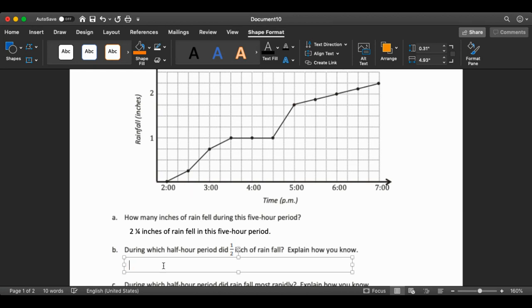So between 2:30 and 3 o'clock, 1/2 inch of rainfall. Then I'm going to explain how I know that. The line went up 1/2 inch between that time.